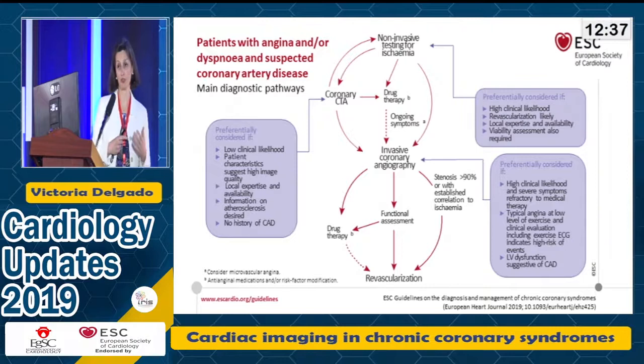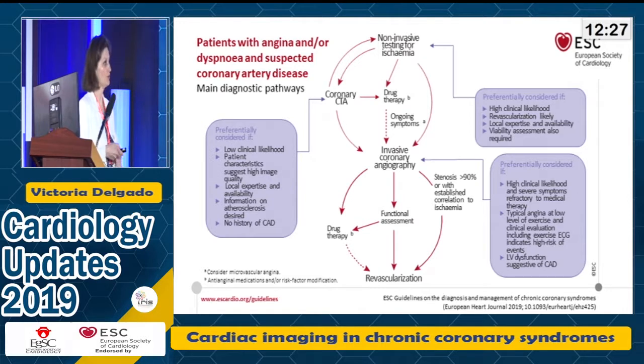We need to be sure that the heart rate is regular and around 60 beats per minute. That is where we have the highest image quality. We need to take into account the local expertise and availability, whether we want information on atherosclerosis or not, and if the patient doesn't have a previous history of coronary artery disease. These would be factors that will make us choose coronary CT angiography.